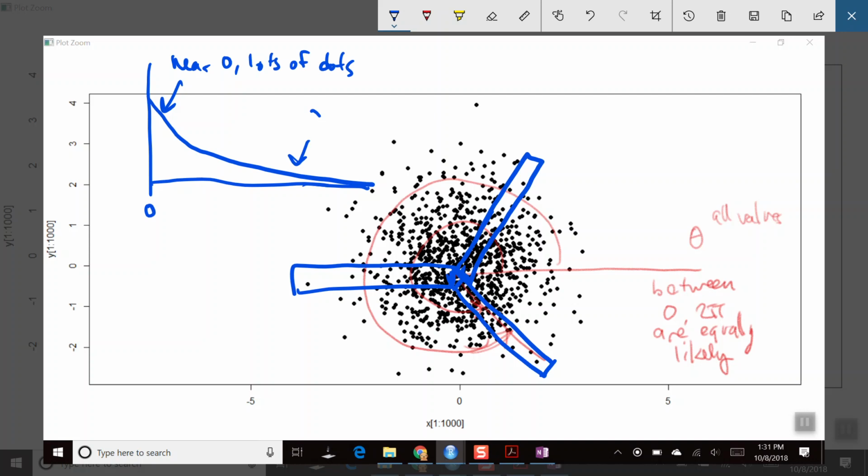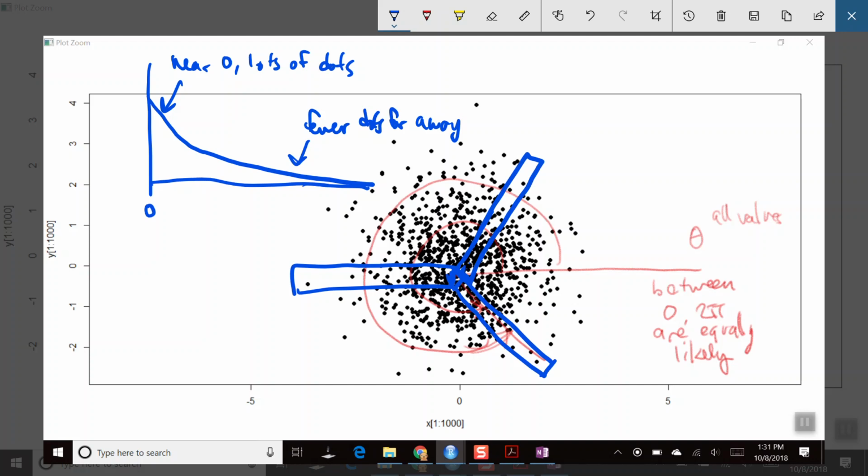Near 0, lots of dots, and then fewer dots far away. Okay, and that's what we see. Lots of dots near the origin in this middle region, but as we go further away, we get fewer and fewer. So if we set up our coordinates this way and pick an angle between 0 and 2 pi at random, every single angle equally likely, and it appears all of these angles are equally likely, that's for sure.